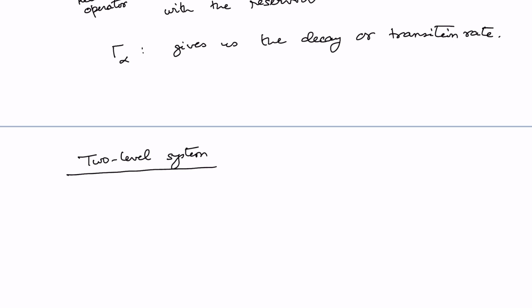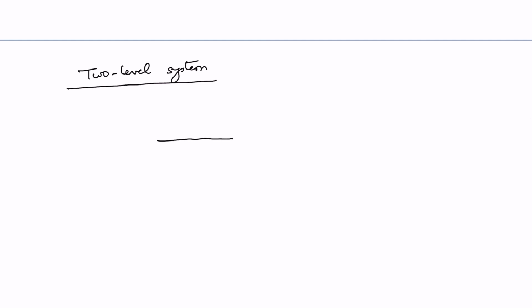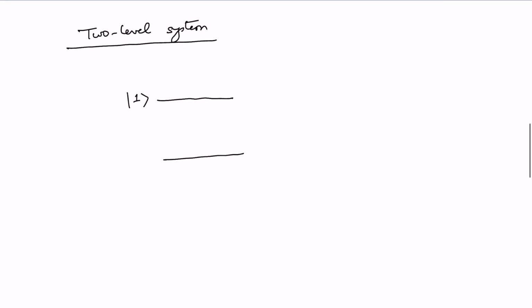Okay. To understand it, let us consider the case of a two-level system which relaxes via spontaneous emission. We have this two-level system. The excited state is represented by this state ket 1 and the ground state is represented by ket 0, and the system goes from the excited state ket 1 to the ground state ket 0 by emitting, say, a photon, and this rate of transition is gamma.